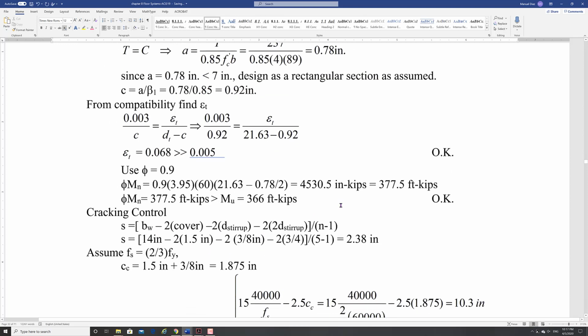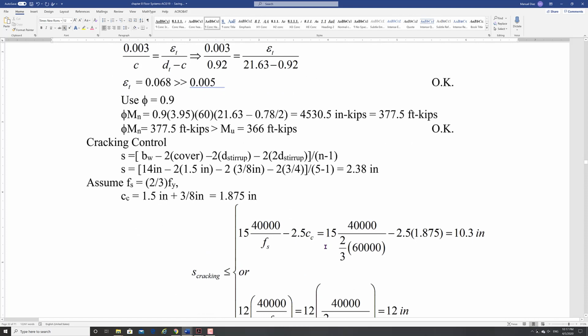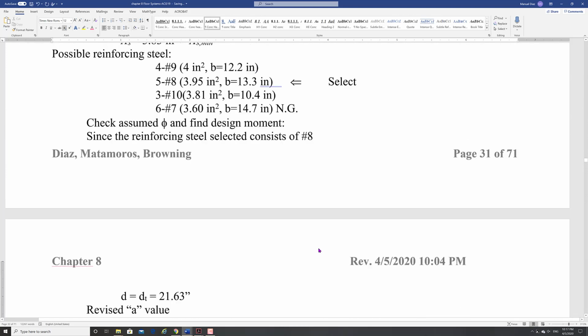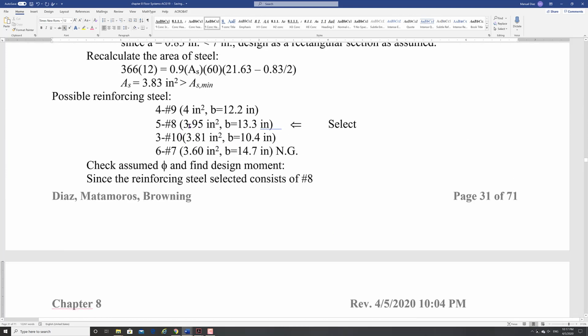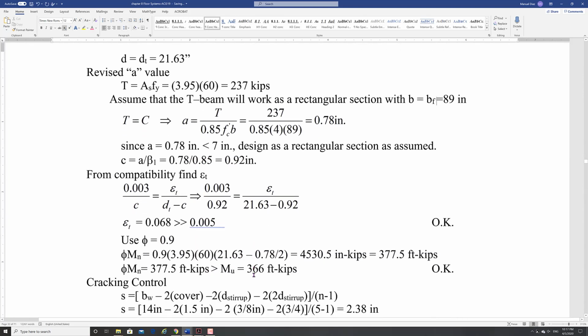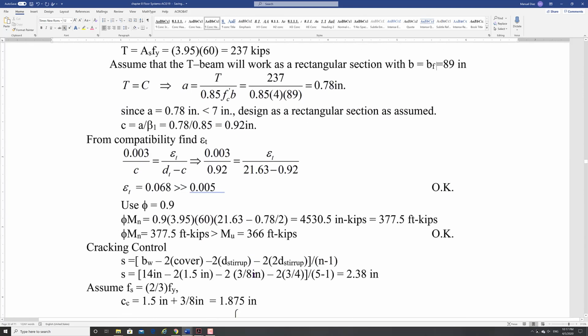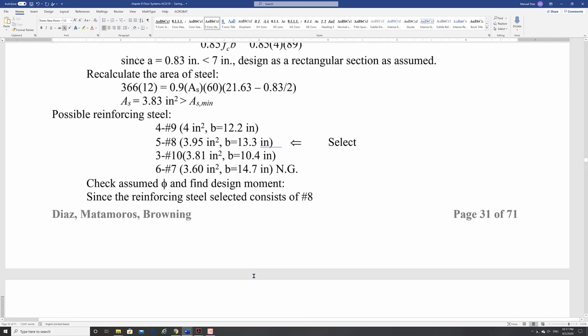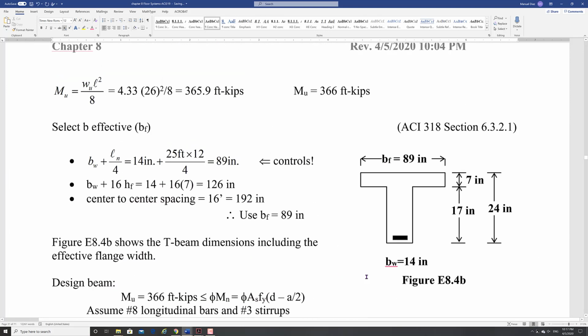Next, we're going to check cracking control. We are using 5 number 8s, so it should not be a problem. I mean, you can do a quick calculation and say, well, if I have 5 number 8s and this is 14, I do 2.5 on each side. That would be 5 approximately.